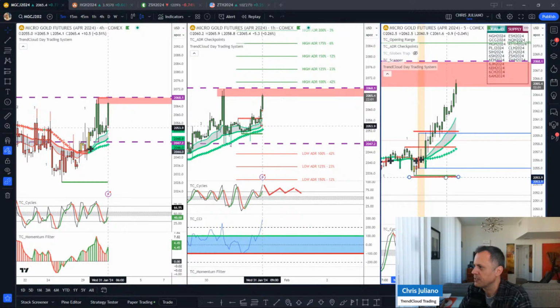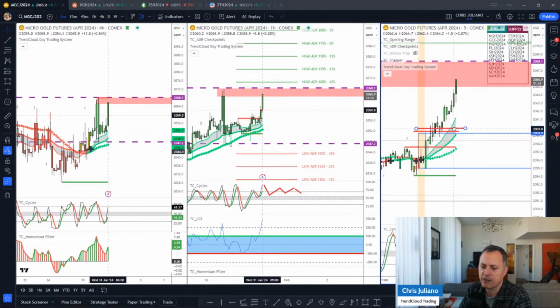Stop loss is really here, but right now it's probably here, right above the purple line. Oh, I gotcha. Okay.